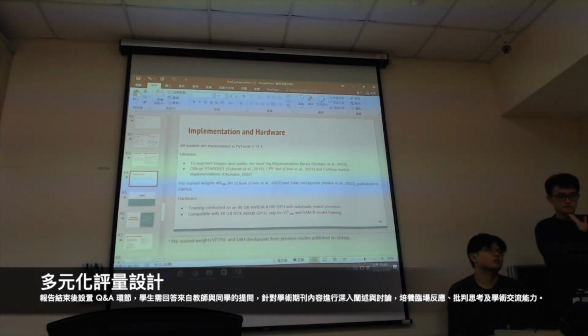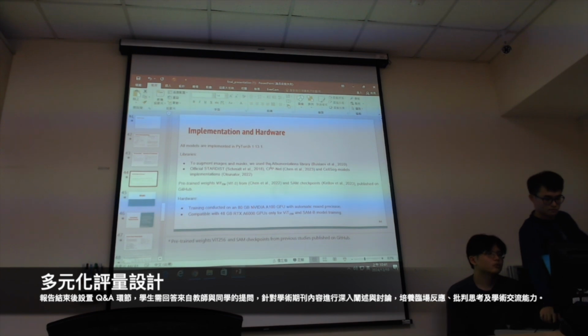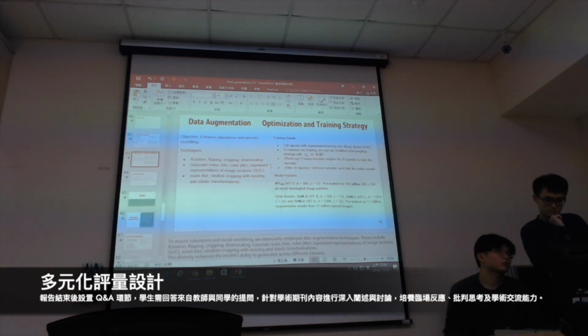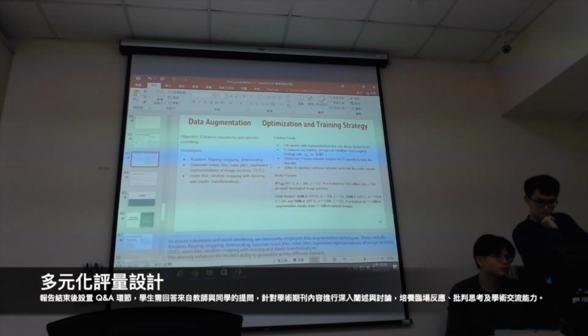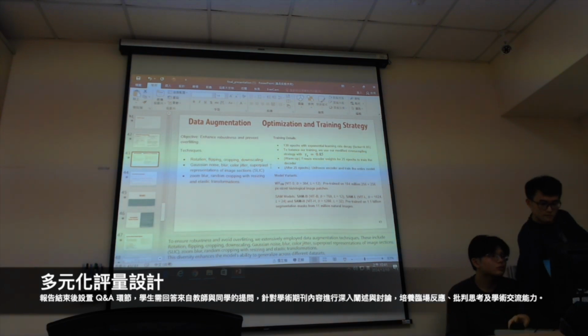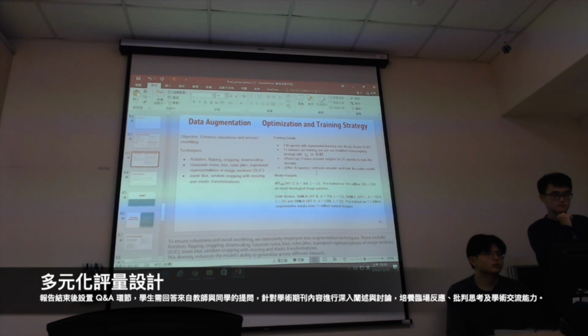And in slide 43, you mentioned that they unfreeze during training. I think this is interesting. In the beginning, they freeze the encoder weights for 25 epochs to train the decoder. The encoder has pretrained weights from SAM and ViT.